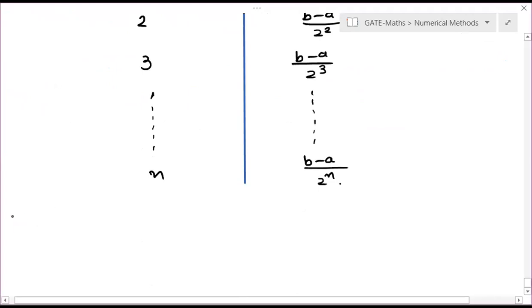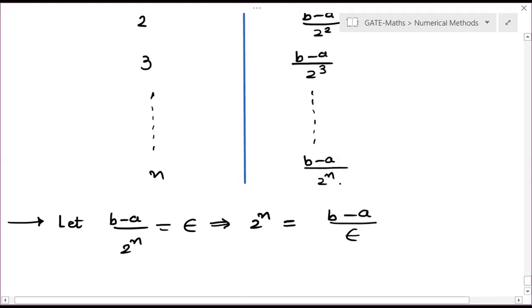Now, let B minus A by 2 to the power n equal epsilon, because they are asking us after how many iterations this length will become epsilon. So 2 to the power n will be equal to B minus A by epsilon.